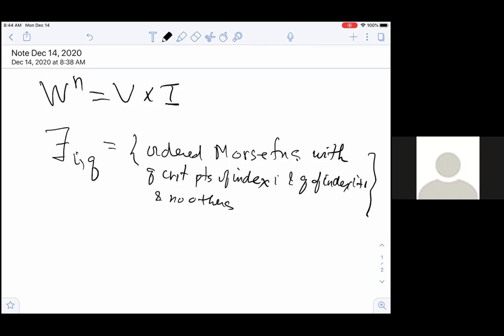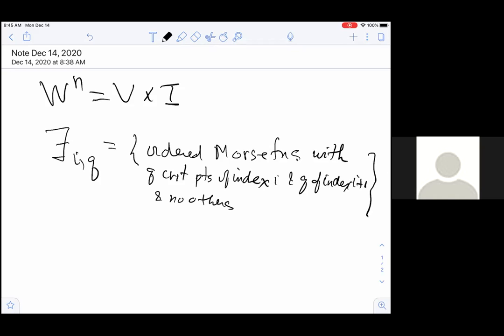Let's talk for a second about that. This is a non-trivially stratified space. It's not just the top strata. Usually we talk about excellent Morse functions, which are ordered and have distinct critical values. Here, we're just requiring them to be ordered, but they can have critical values in common.